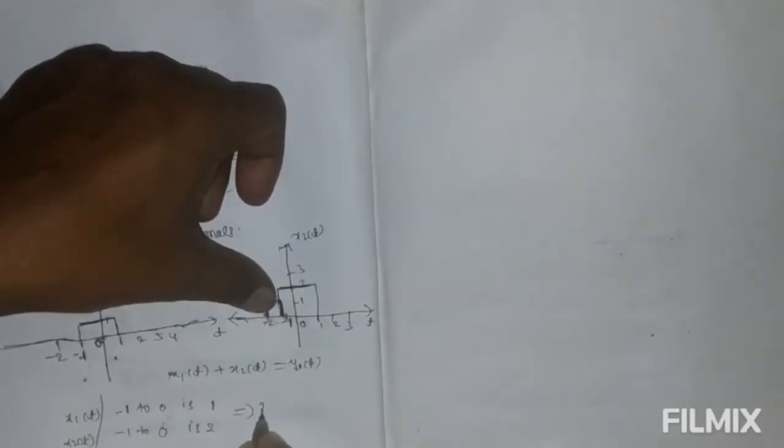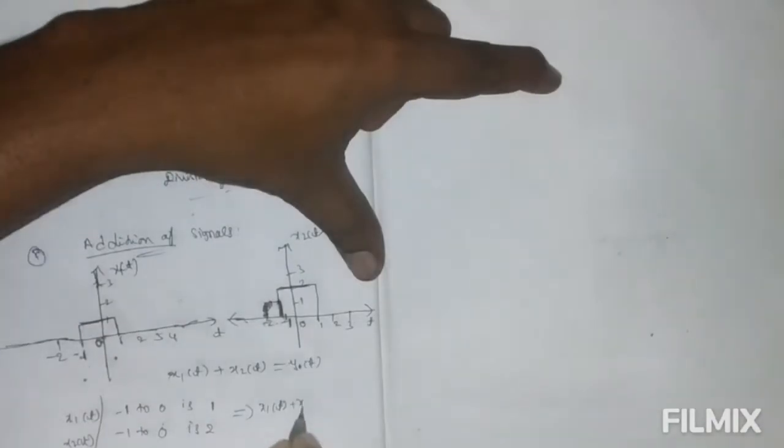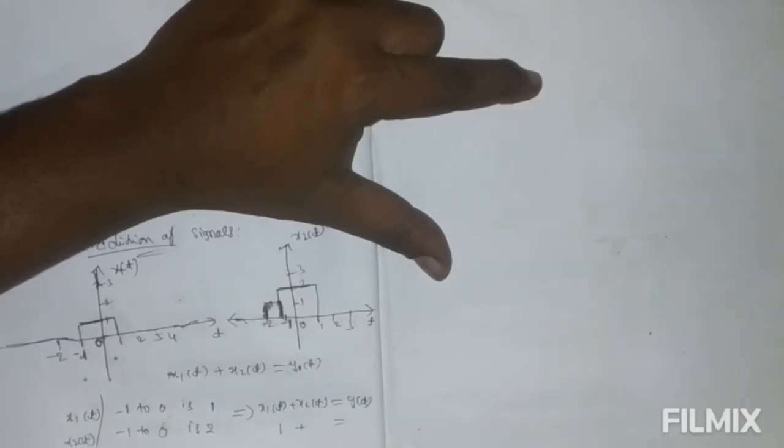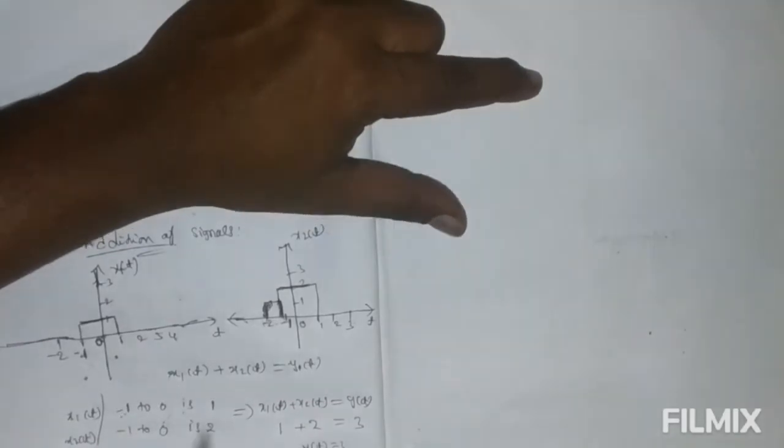Therefore x1 of t plus x2 of t equals y of t, which is 1 plus 2, so y of t equals 3 between minus 1 and 0.